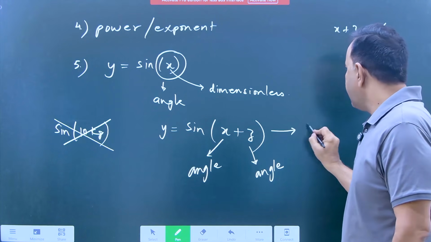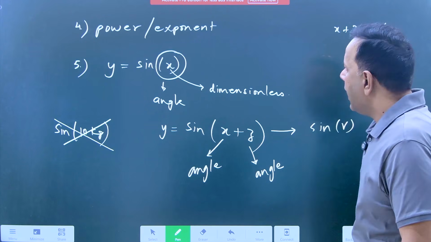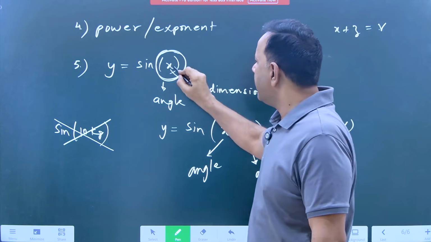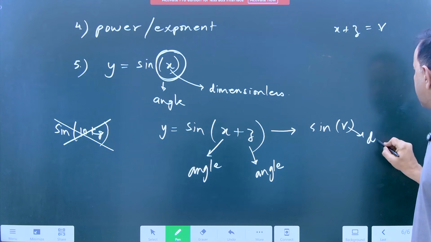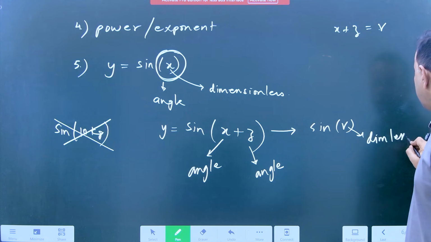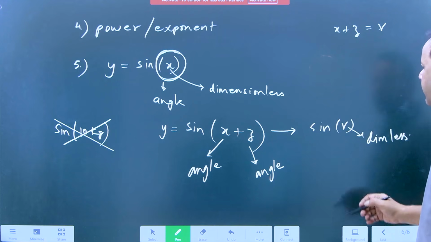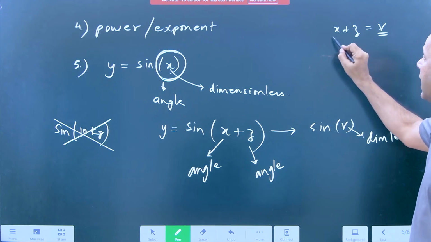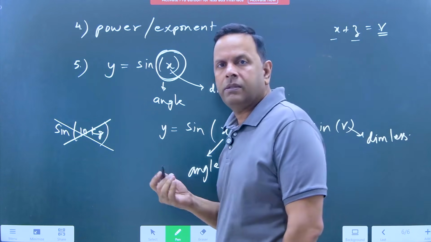So if I write this sine of x plus z as sine v, and I know that in the sine x, x is dimensionless, therefore I will say v is also dimensionless, right?